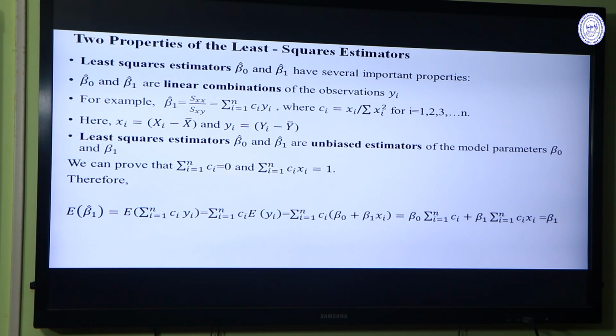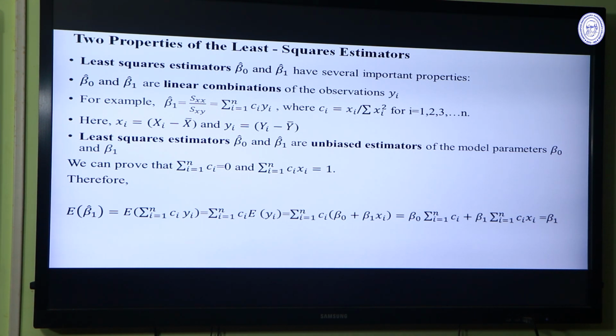Here, Ci is a certain weight and it depends only upon x. We have already seen that Ci depends only upon small xi, that is capital Xi minus capital X bar, which is given. So, it is constant. That is why it is taken out, and then the expected value of yi.